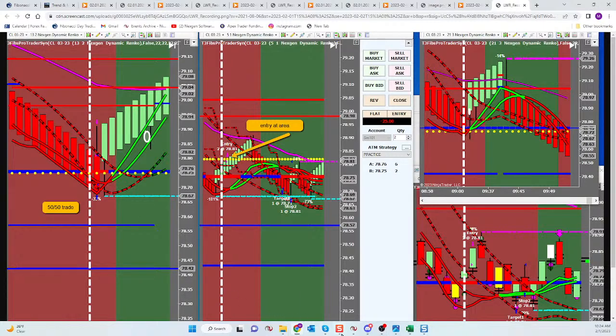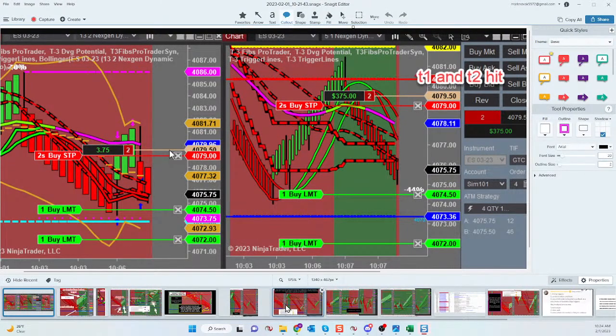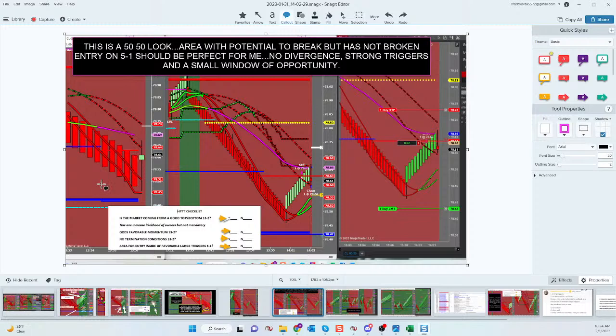One of the keys on a 50-50 trade, guys, when an area has the potential to break, get the advantage of momentum, because remember, a 50-50 or a medium probability trade means that most of the indicators line up, but a small issue exists, right? Let it be a small issue. Don't let it be several small issues. If you're going to have the issue of an area that hasn't broken, you should have the advantage of momentum.